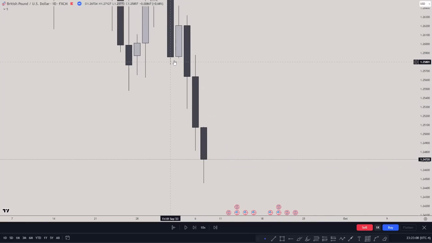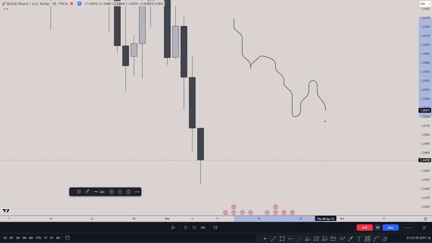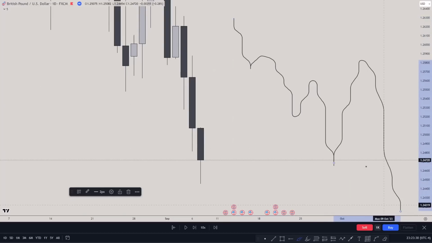We covered this in the beginning of the video, and I told you that as price is going lower, it needs to take some liquidity, especially if it was going lower in a very aggressive way, then it needs to take some liquidity and continue lower, right? This is what's happening here.